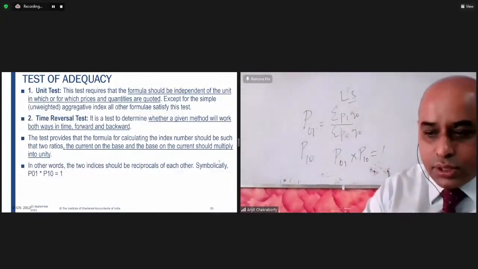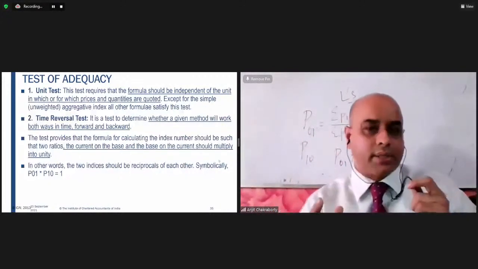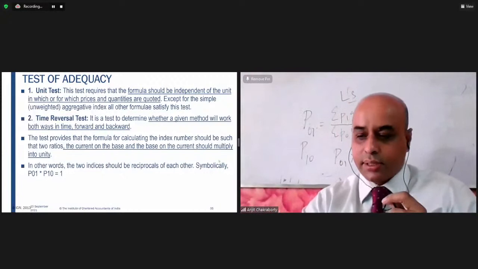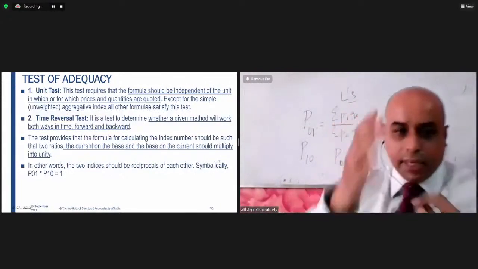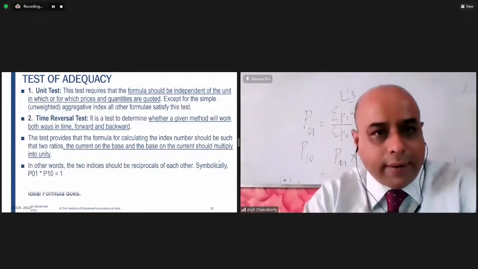So which index number out of the 4 will satisfy the unit test and the time reversal test? The index number P01 into P10 should be equal to 1.